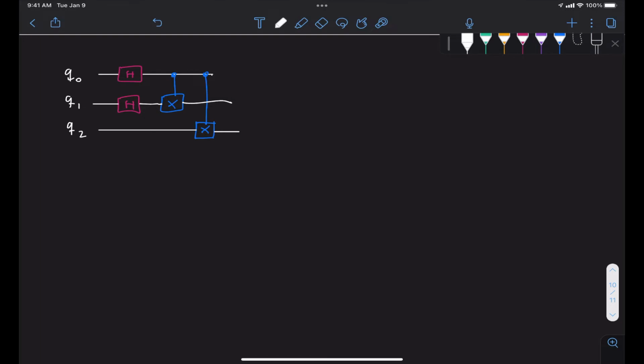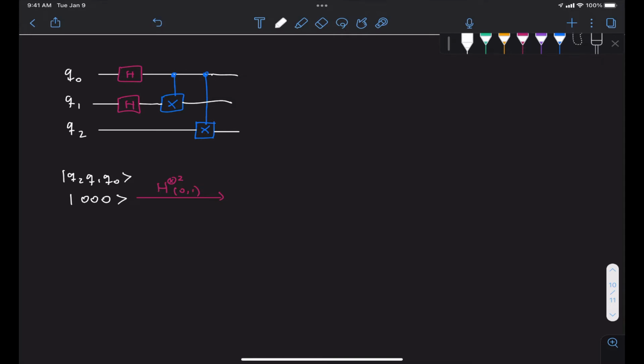Okay. So first, we're going to use the same convention as before. So Qiskit organizes qubits from most significant bit to least significant bit in the state vectors. And as we said, we're going to assume it's initialized at 0, 0, 0. And then we apply 2 Hadamard gates, in qubit 0 and in qubit 1.